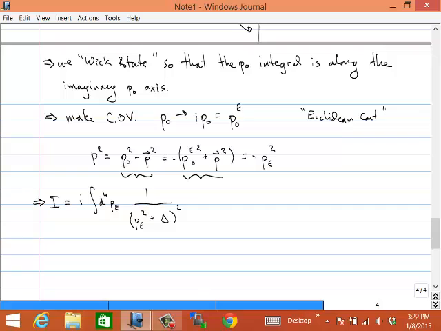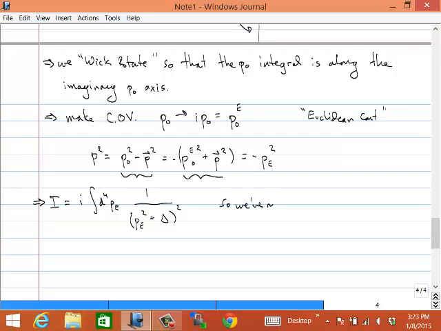And now this is a perfectly, I don't want to say perfectly convergent, because it's not. It's a much easier integral to study because p Euclidean squared is a purely positive definite quantity. So you can see that this is now an integral of something purely positive definite in the denominator. So no more i epsilons are necessary.